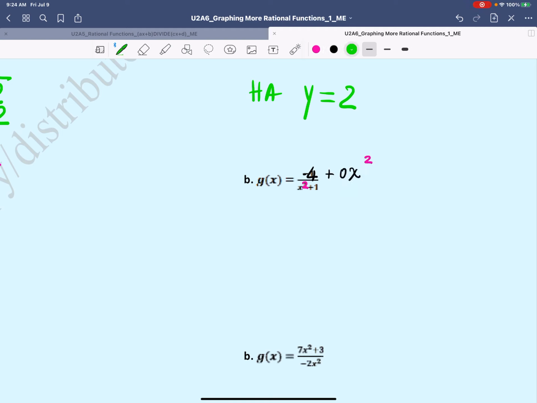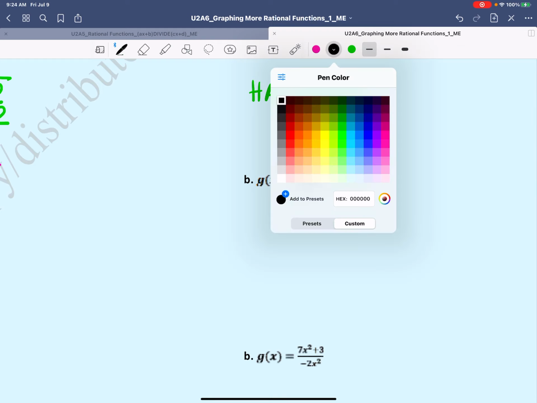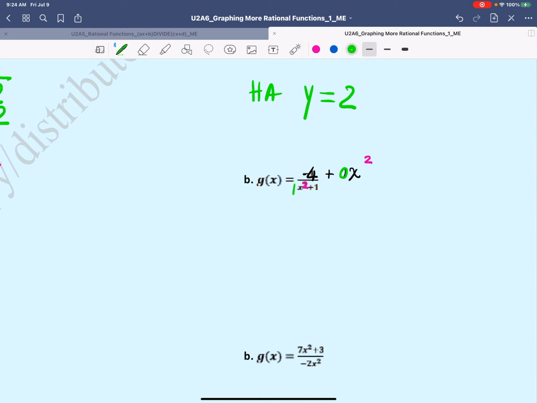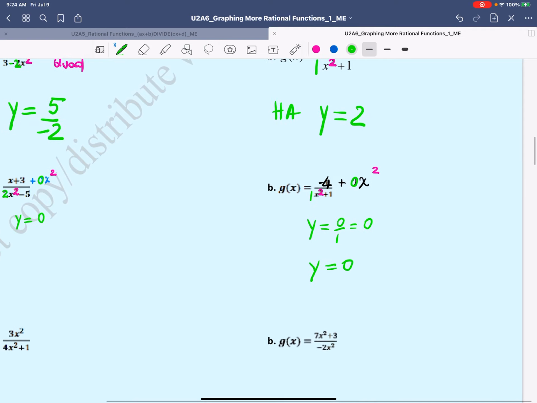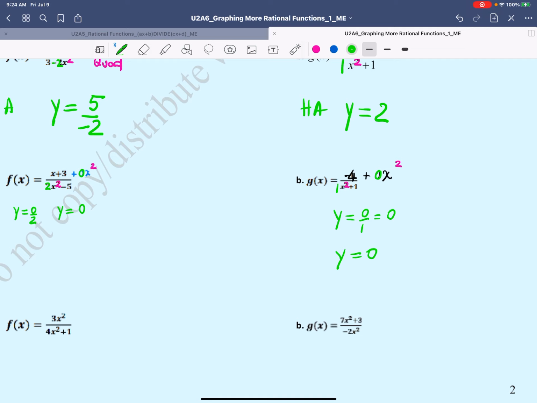So the coefficient of x squared in the numerator is 0 and in the denominator is simply 1. So the horizontal asymptote will be at y equals 0 over 1, or 0. Again, you can remember that the degree of the numerator is lower, and that's what makes the horizontal asymptote y equals 0. Or you can also add a 0x squared in here to match the degree of the denominator.